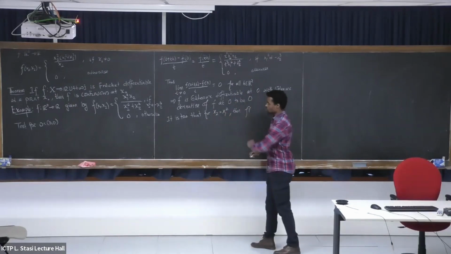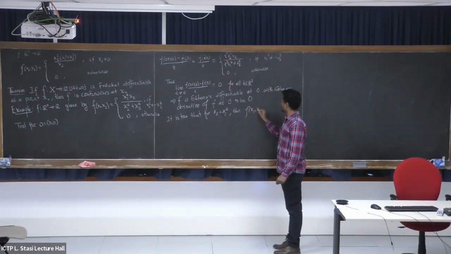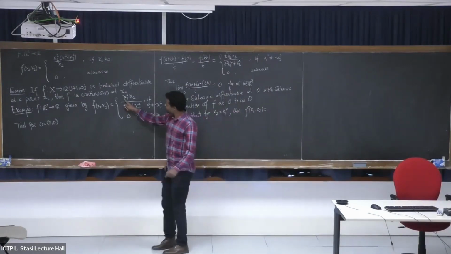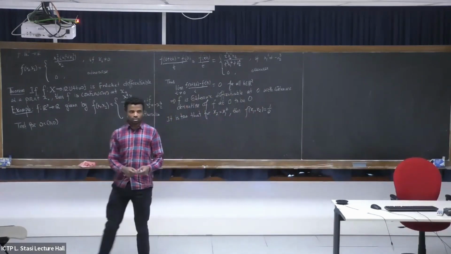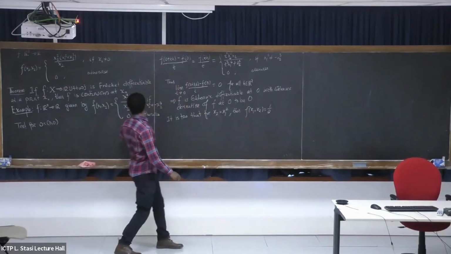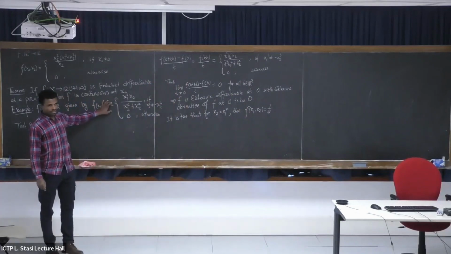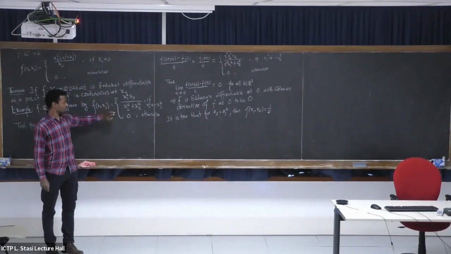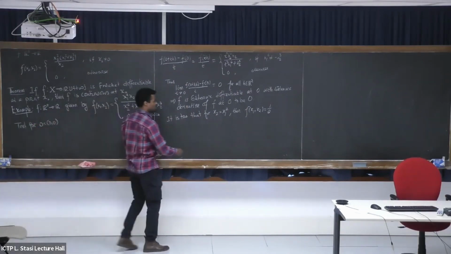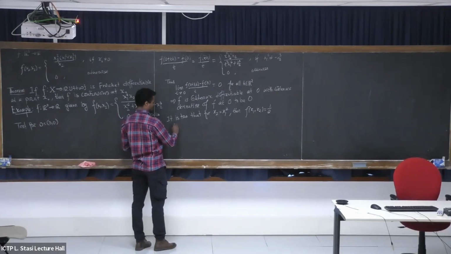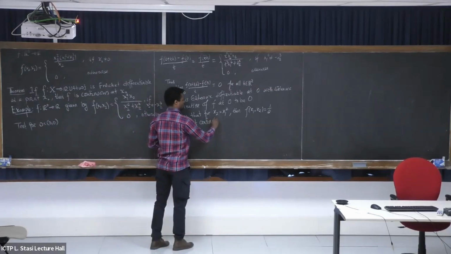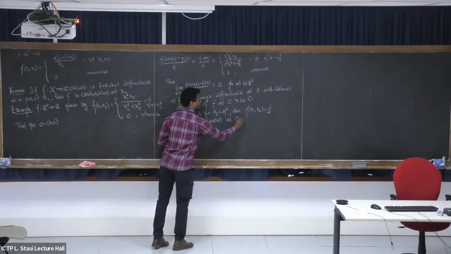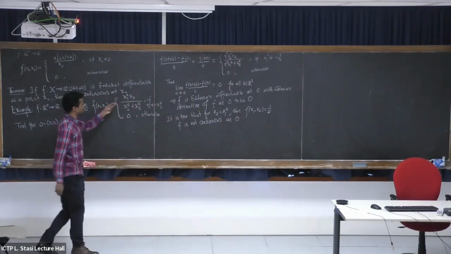If x2 takes this value, then f of x1, x2 gives us 1 over 2. Noting this, this function is path dependent. It is always path dependent. So the limit doesn't exist. So you can see that f is not continuous at 0. F is not continuous. It's path dependent.